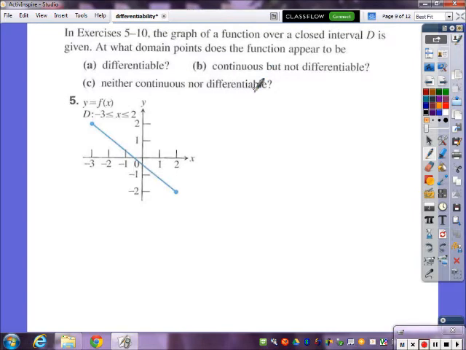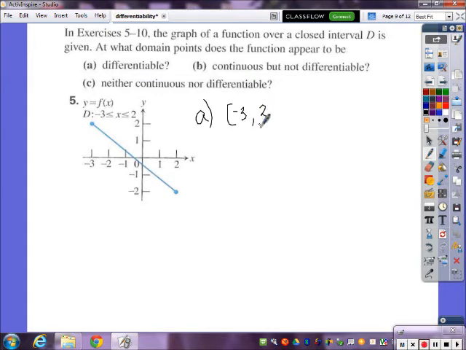So those are three different scenarios, and for number 5, it's just a linear function, and from -3 to 2, it's continuous on the entire interval, and there are no cusps, corners, vertical tangents, or discontinuities. So on what values is it differentiable? Well, that's the entire thing. So from -3 to 2.